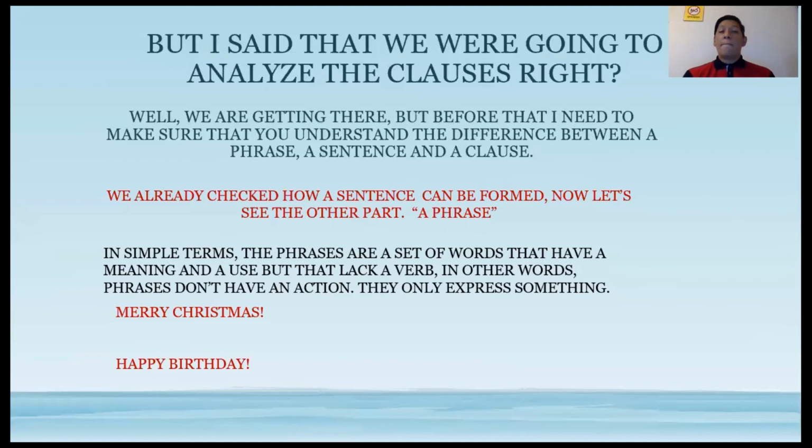So when you say Merry Christmas, or when you say Happy Birthday, even if you say Merry Christmas, Joseph, Joseph is the subject. Merry Christmas is like the complement, but we don't have a verb. It's not a sentence. When you say Happy Birthday, Rose, Happy Birthday is the complement. Rose is the subject, but we don't have a verb. Therefore, we don't have a sentence.